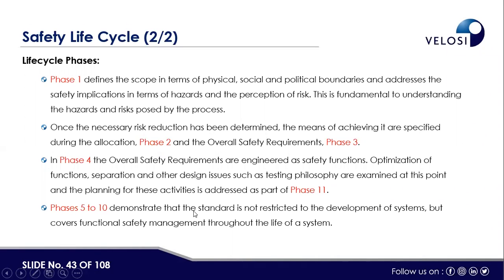Phase four: the overall safety requirements are engineered as a safety function; optimization of functions, separation, and other design issues such as testing philosophy are examined at this point, and the planning for these activities is addressed in phase 11. And then phases 5 to 10 demonstrate that the standard is not restricted to the development of the system. These are the book point of view.